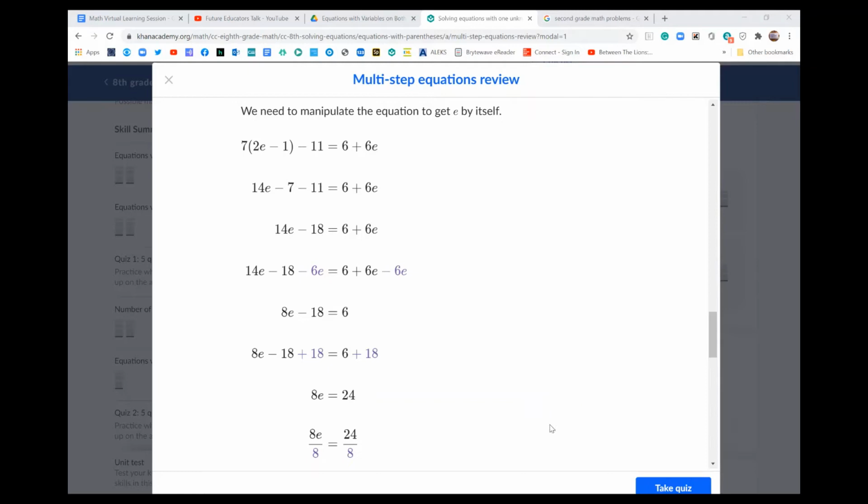Hold on, you guys, I could probably write on here. Okay, so here are our like terms.